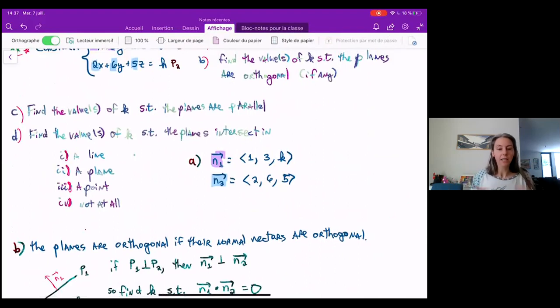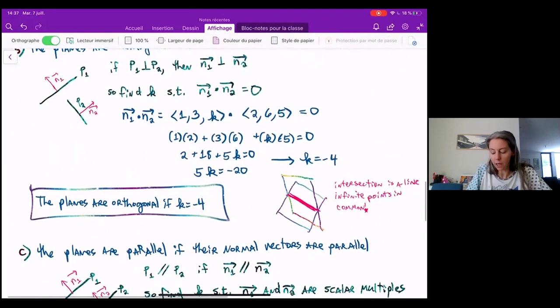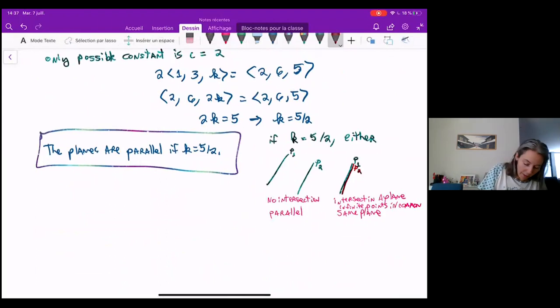Find the values of k such that the planes intersect in a line, a plane, a point, and not at all. So I'm going to go about doing this question in the same way that I did my consistency condition questions. There are two ways I could approach it, and we're going to talk about the second way, but really the best way to approach it is the way that we're about to do right here.